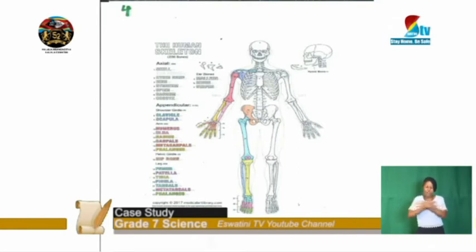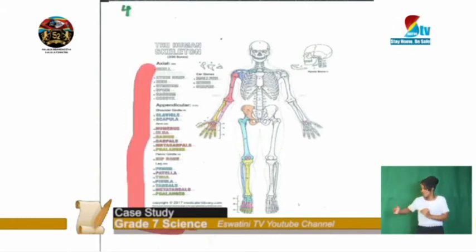Never mind the words next to the diagram. Just look at the diagram. We have all these different parts here: the skull, the rib cage, the hip bone, and quite a number of other bones.